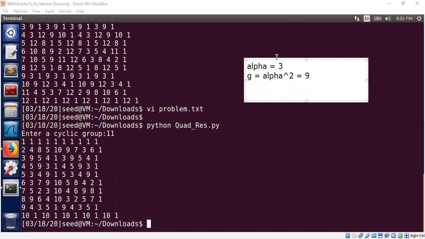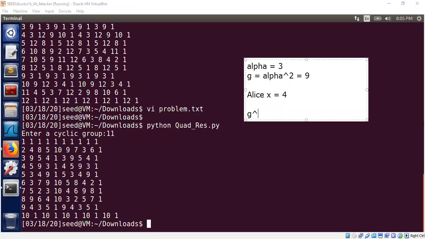So what if Alice selects her private x to be say 4? What is G power 4? Well, 9 power 4, right? G power x is equal to 9 power 4. What is 9 power 4? 9 power 4 is basically 5. From my table, we can see that in mod 11.